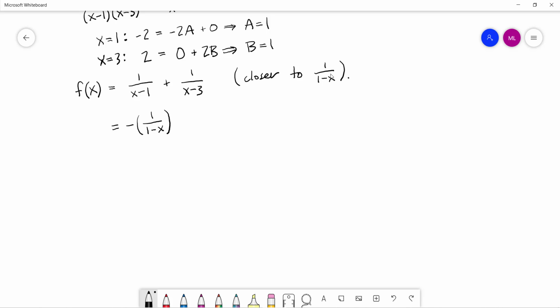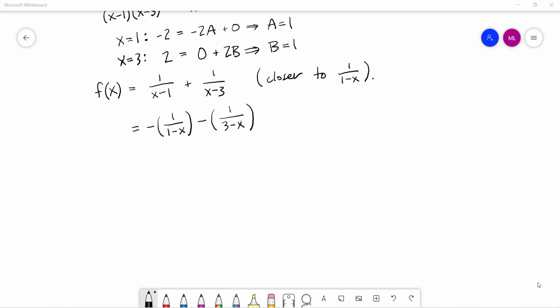So that one's easy. This one's going to be a little bit trickier. I want to do something similar. I want to force out a minus sign. So I'm going to write it as minus 1 over, now it'll be 3 minus x. But I also don't want to have a 3 here. I really need a 1 here. So let me just recopy this first term here.